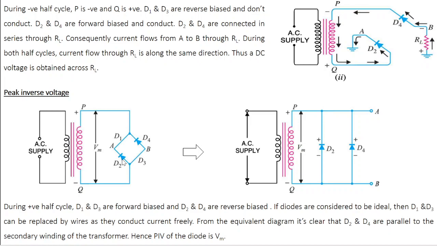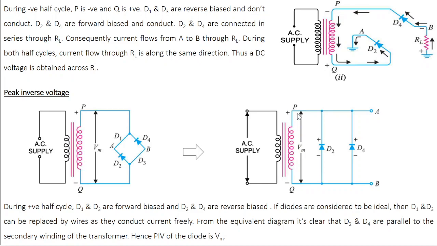If you look at D2 and D4 now, these two are connected in parallel across the points P and Q, or across the secondary winding of the transformer. So you can redraw the same circuit as D2, D4 connected in parallel to the secondary winding of the transformer. And as you know, in the case of parallel connection, the voltage is same.